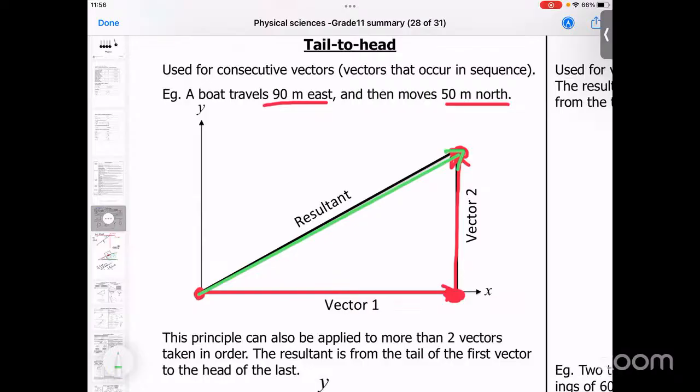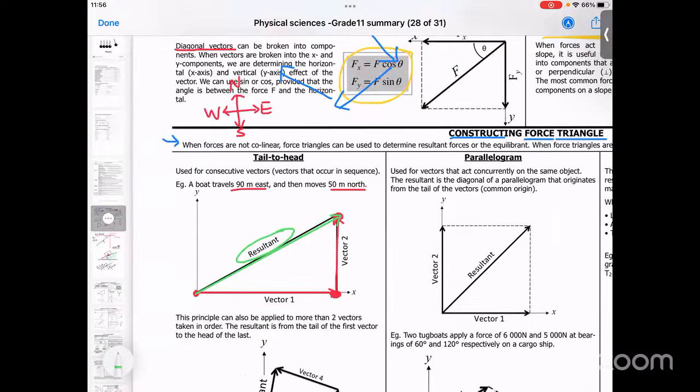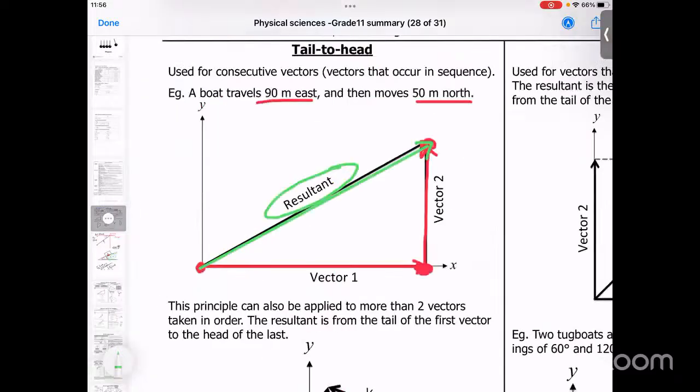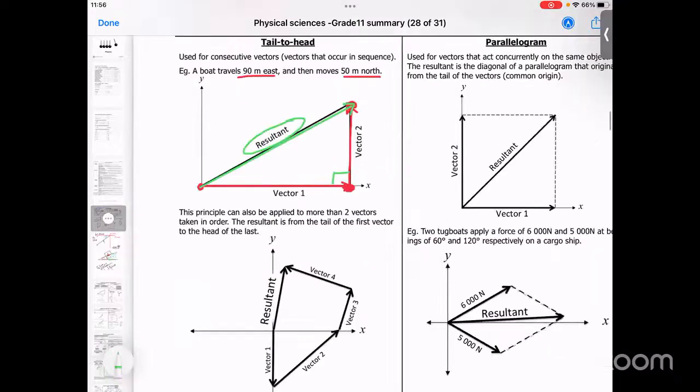So when I look at it, it's like it just went from that point straight to that point. And that single representation of that movement in two directions is therefore the resultant. What did we just do? Constructing a force triangle. So we've just constructed a triangle, not just a triangle, but a right-angled triangle. Very, very much important on that one.